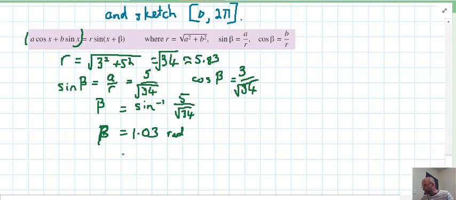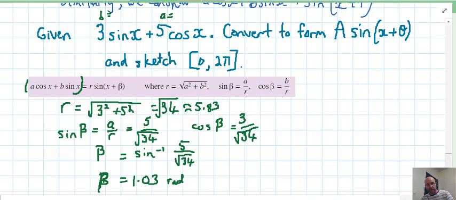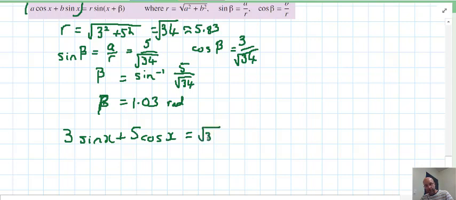So that means that the function given, which was 3 sine x plus 5 cos x, is now in the form: 3 sine x plus 5 cos x equals square root of 34, or about 5.83, root 34 sine of x plus 1.03.